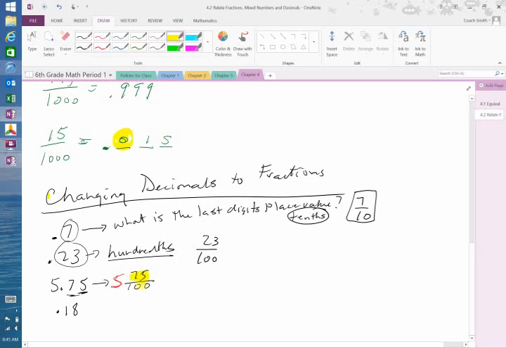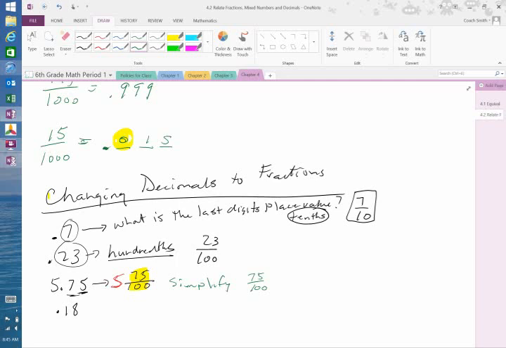Now, this part of the fraction I can reduce. I need to simplify 75 over 100. What is the greatest common factor between 75 and 100? 25. In other words, 25 goes into 75 and 25 goes into 100.